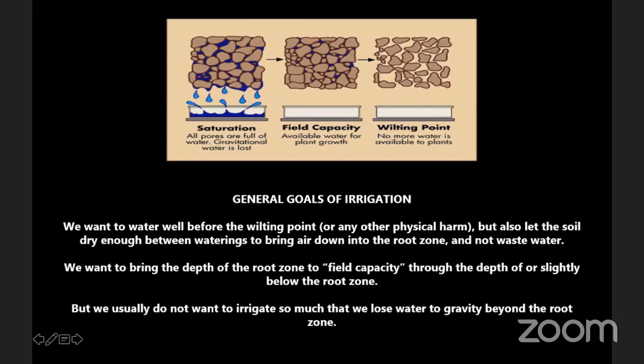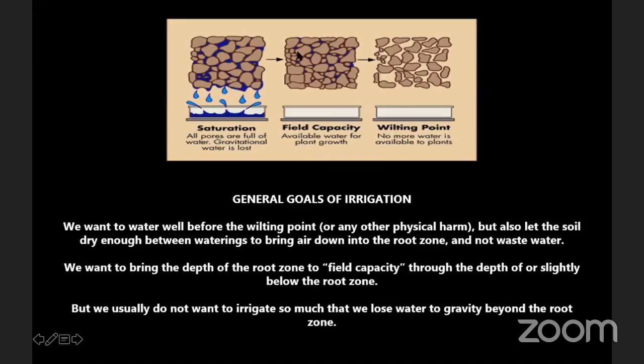If anybody has potted plants, it's a little easier to visualize. When we fill up our potted plants, the soil is going to absorb what it can absorb, and then all of a sudden the water is going to start coming out the bottom of our potted plant. That's what happens every time we irrigate, right? That's called gravitational water. Water is just going to pass through, and we want to limit that water that's passing through.